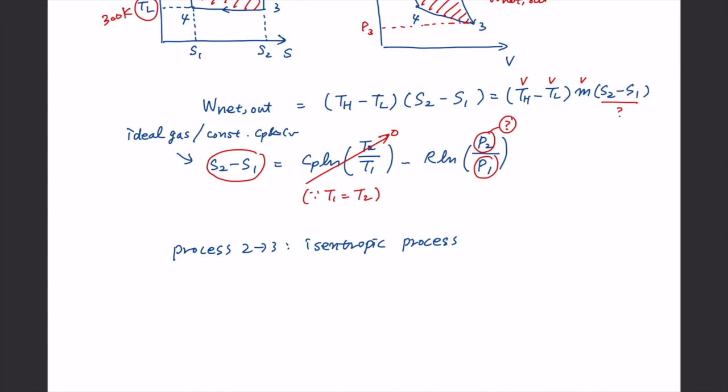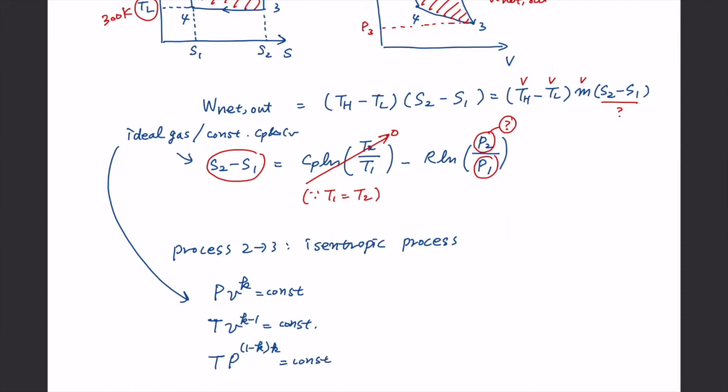For that case, the isentropic process equations are PV to the power k is constant, or TV to the power k minus 1 is constant, or T P to the power (1 minus k) divided by k is constant.